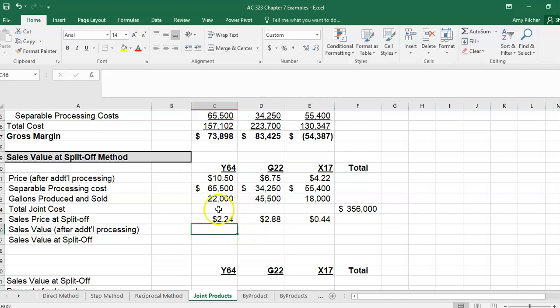So our split off value is $2.24, whereas if we spend $65,500 in additional processing, then we can sell it for $10.50. So our sales value after additional processing is $10.50 times 22,000.